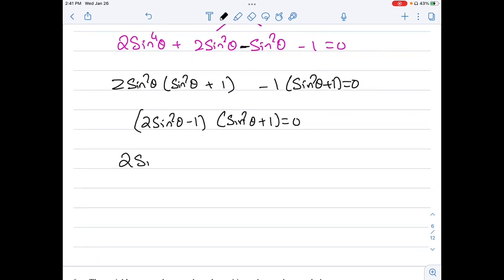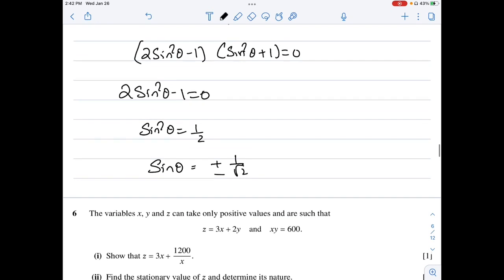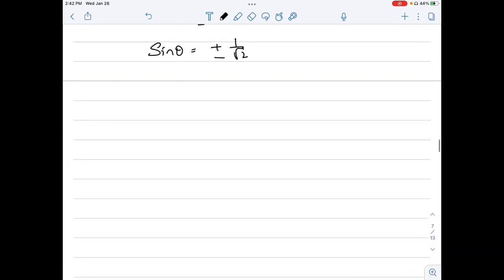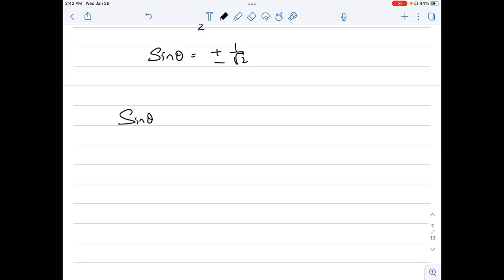So 2 sin square theta minus 1 is equal to 0. So sin square theta equals 1 upon 2. Sin theta is equal to either positive 1 upon root 2 or negative 1 upon root 2. If it is positive 1 upon root 2, I get theta equal to 45, and another angle will be 180 minus 45, which is 135.